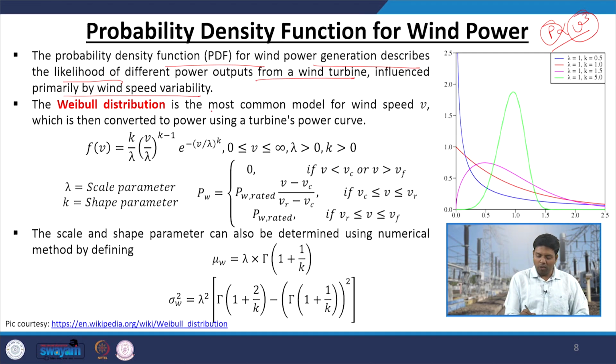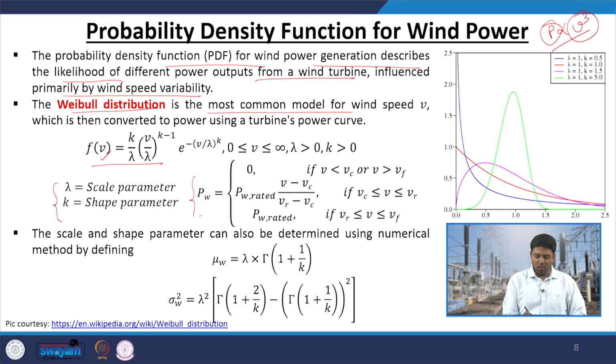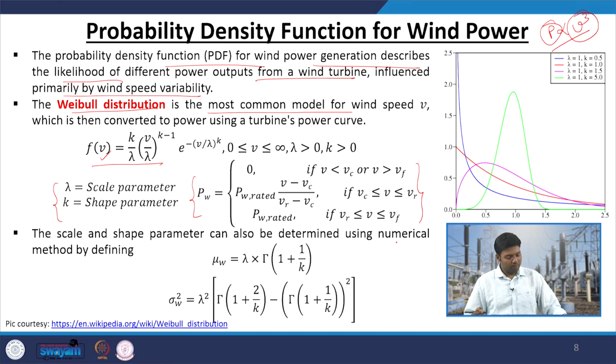Generally, the wind speed is modeled with the Weibull distribution, which is represented by this equation where lambda and k are the scale and the shape parameters. Depending upon that you will get the V value, and if you put that V value you will get your power with this equation. We studied this equation before as well.